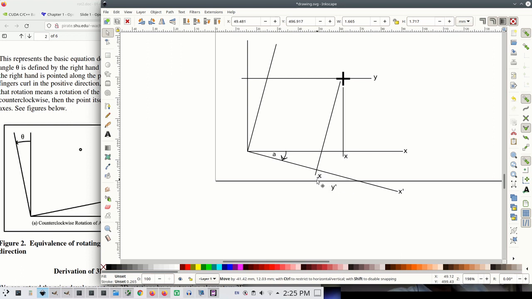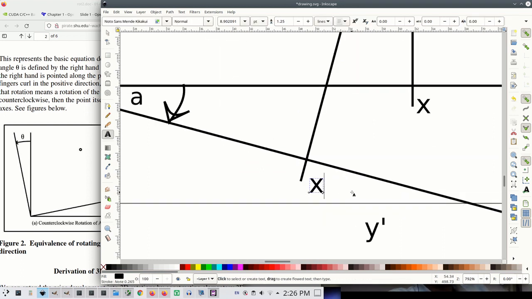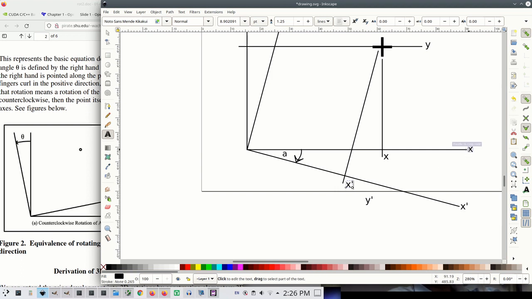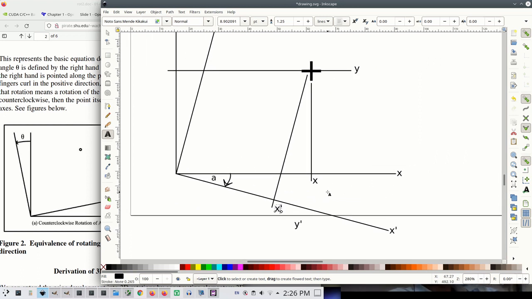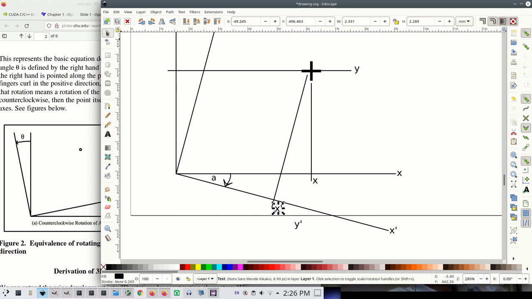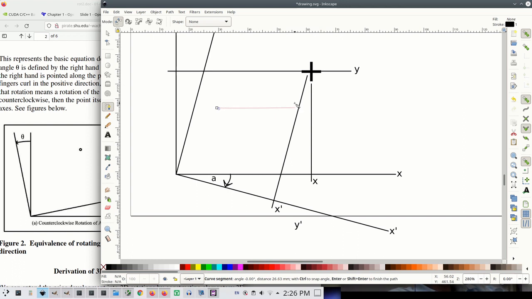And then this is going to be our x prime value. These x's, maybe I'll make them gray. This x prime is not the same as this x. This x prime is just saying that this axis is x prime. This x prime is the value on the x-axis. I think that's not complicated. Okay, and make another line to mark the y prime.